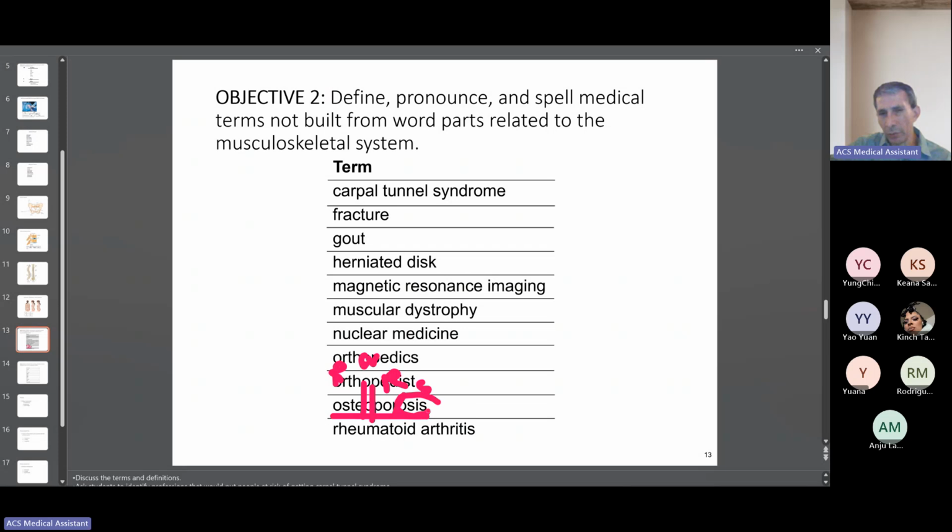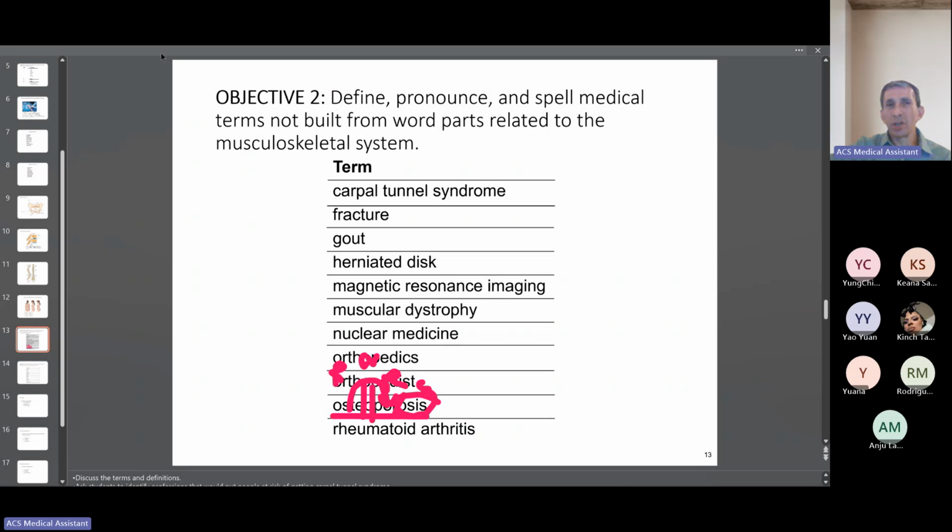So this is an abnormal condition of the bones that have become weak, porous. You know what's porous? The little holes that we have on the skin where sweat comes out. Those are called pores. So the bones become very porous, like a sponge.